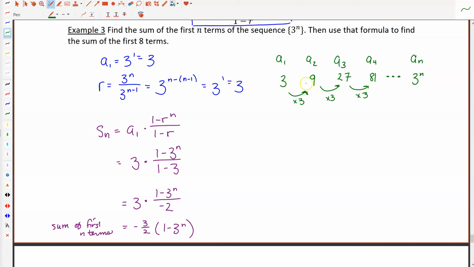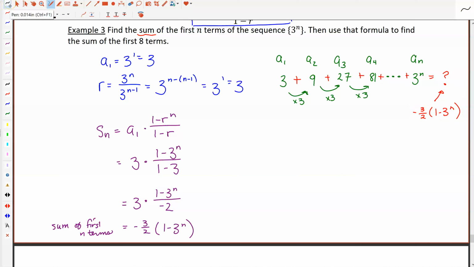So those are going to be the terms of the sequence through an nth term. We are trying to find the sum of those terms, which means we're just going to add them all up. And the question is, if you add them all up, what do you get? What we just found over here was the generic expression for how to compute what that sum is. That's what you would get for your sum.